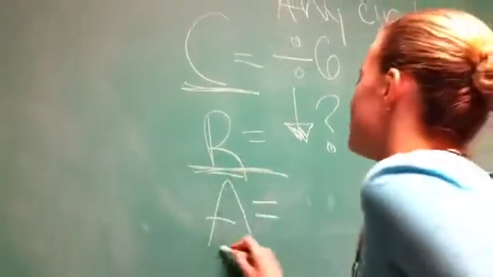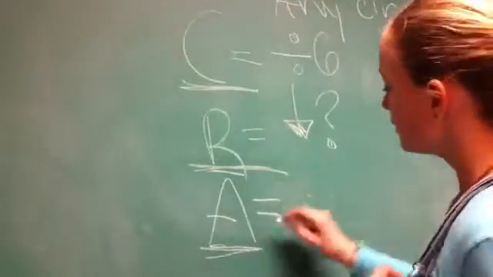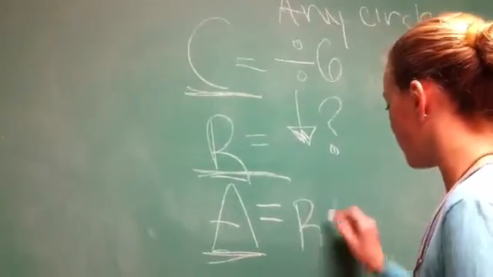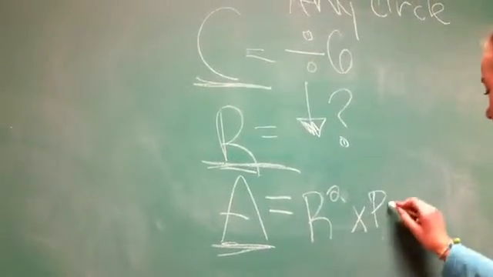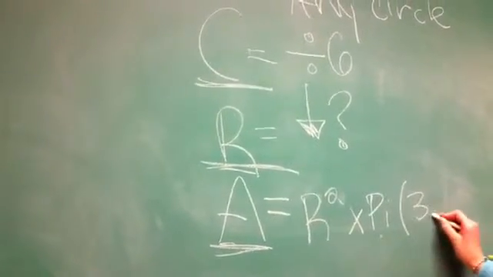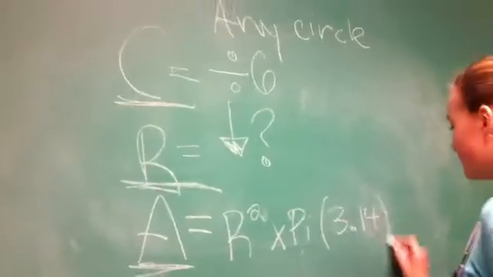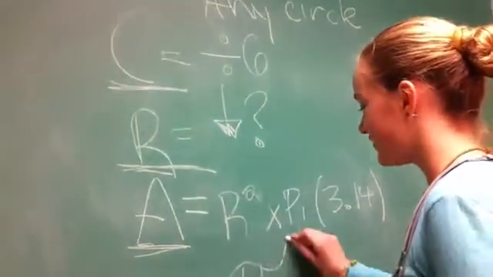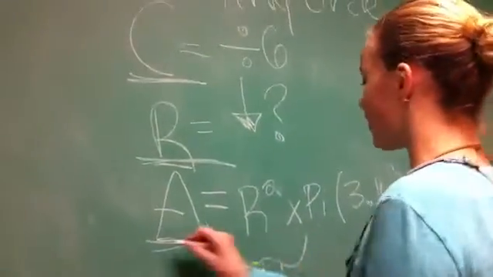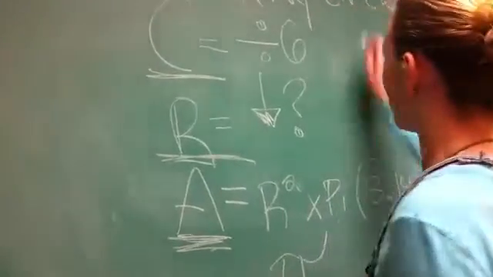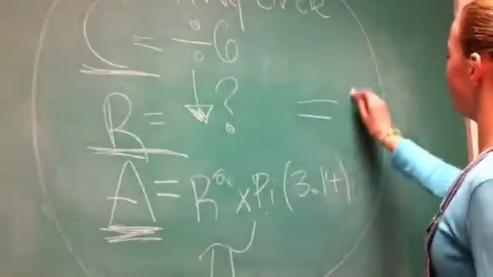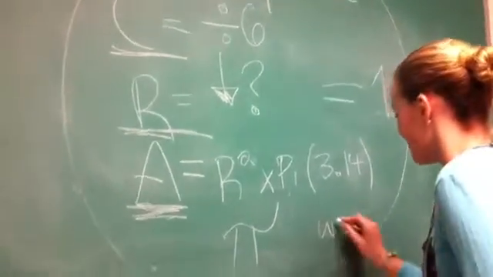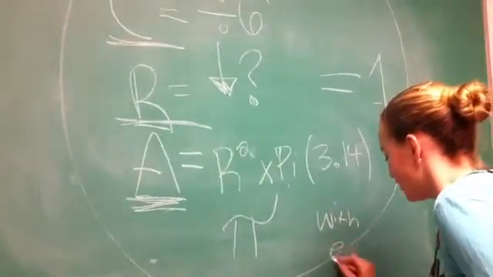Now the radius and the area are especially connected because the formula for area is r to the power of 2 multiplied by pi, which is 3.14. Also, a letter in the Greek alphabet. So, that is how they're all connected. They all act as one with each other.